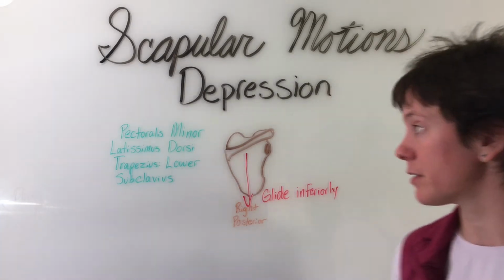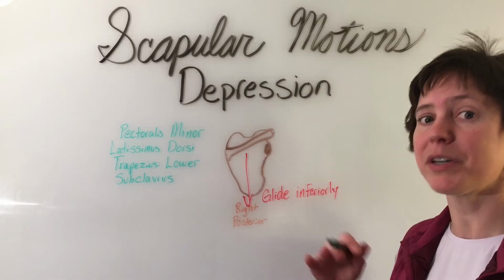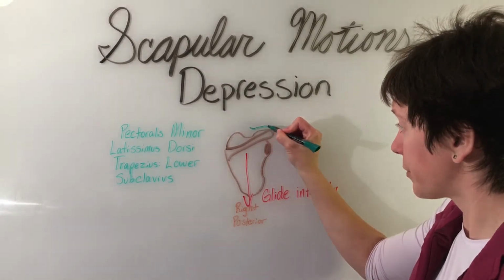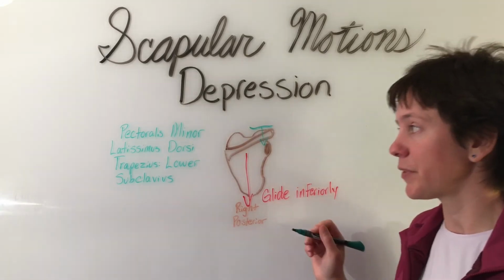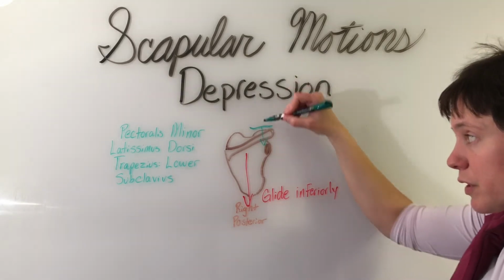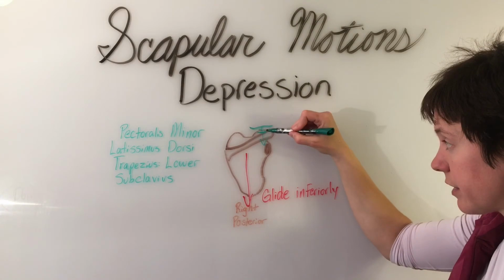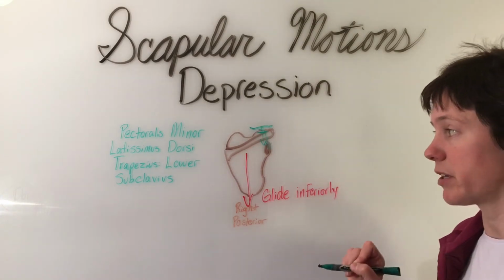The subclavius, as the name sounds, is subclavicular. So the clavicle is here and it will pull in an inferior direction. The pec minor attaches to the coracoid and will also pull in a downward manner.